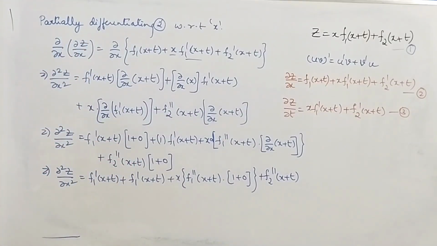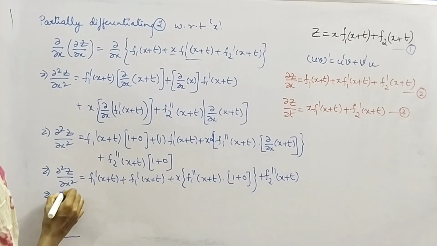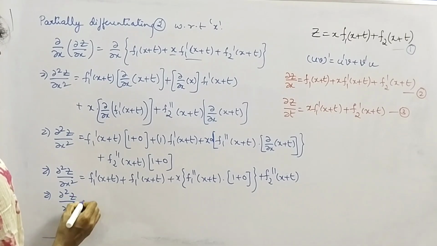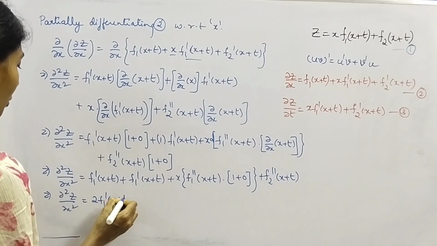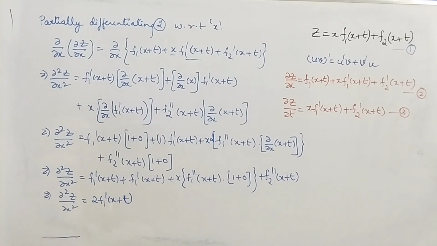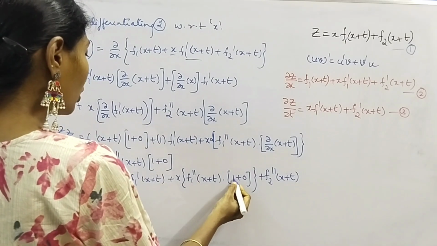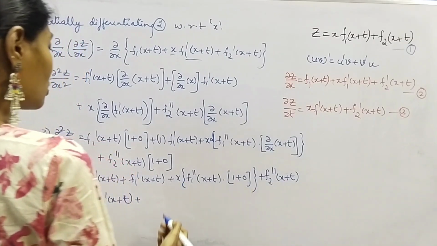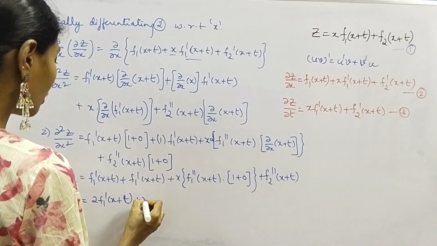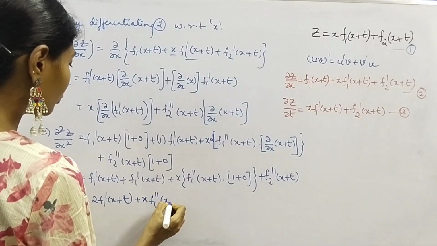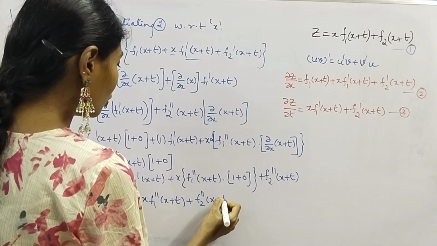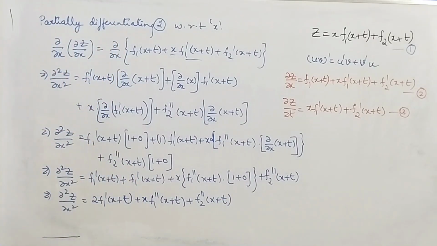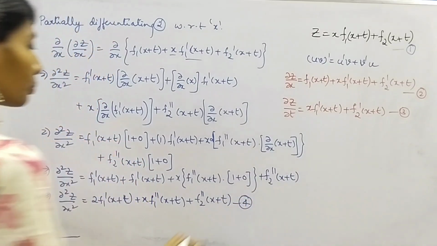And this gives us dou square z by dou x square equal to f1 prime plus f1 prime is 2 f1 prime. f1 prime is nothing but f1 prime of x plus t, okay, plus 1 plus 0 is 1, 1 into x, x into f1 double prime is x f1 double prime, plus f2 double prime of x plus t, right? So this is our equation number 4.